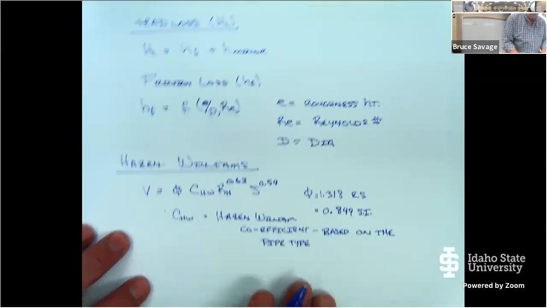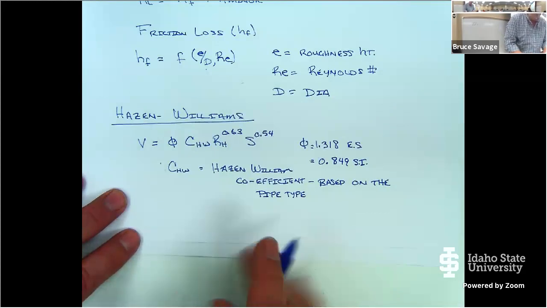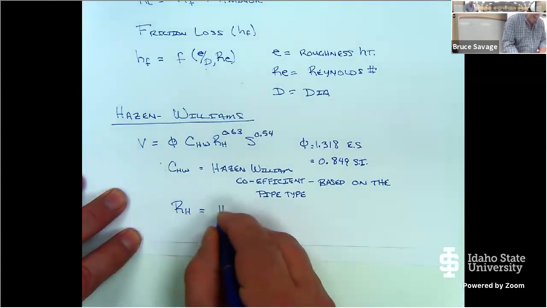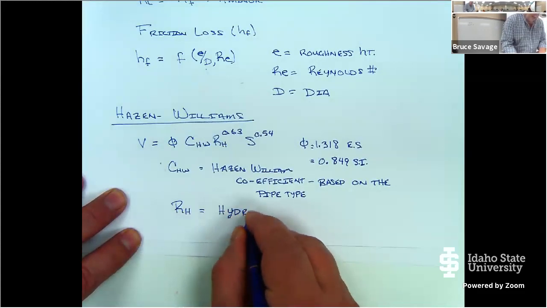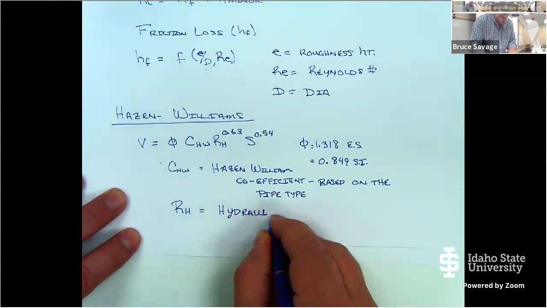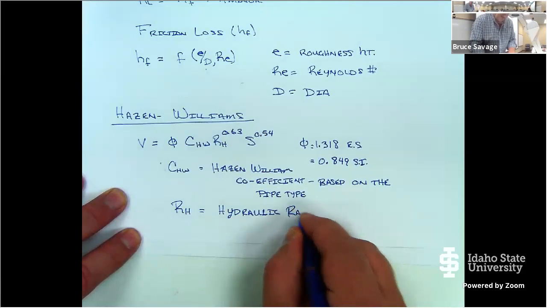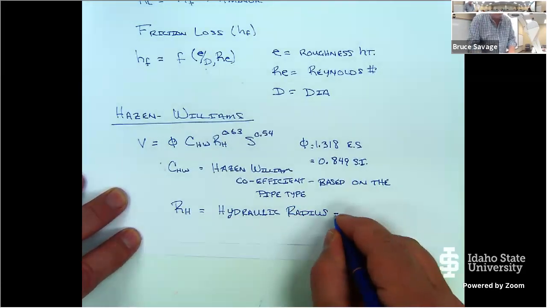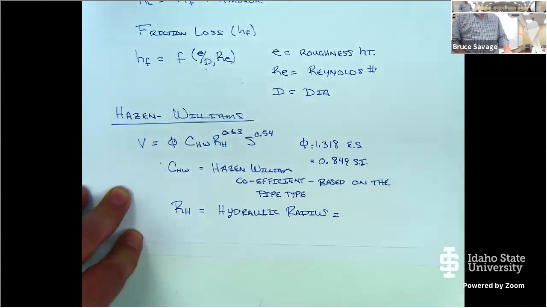So let's finish classifying the rest of this equation. R sub h, that is the hydraulic radius. Okay, and the hydraulic radius is equal to what? Anyone remember what that's equal to?